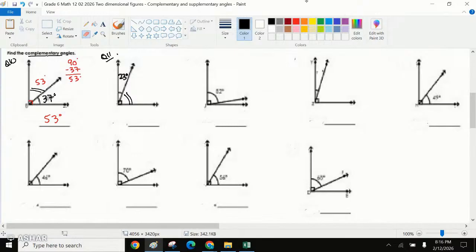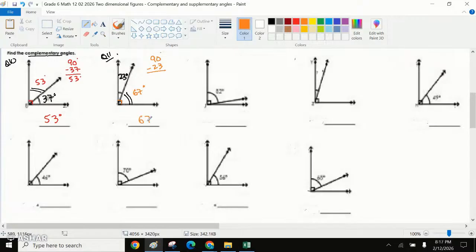We know that in complementary angles, the sum of the angles is always 90. So 90 minus 23. What I do is 90 minus 20 is 70. 70 minus 3 is 67, right?